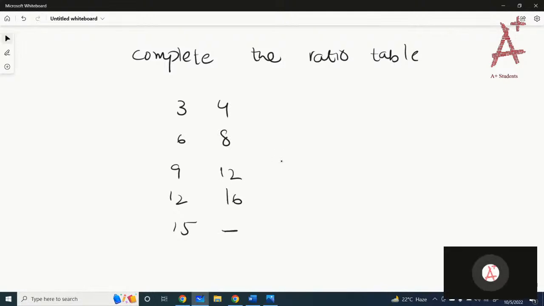Start with 3 ratio 4. Write the ratio as a fraction. It would be 3 by 4. Multiply the numerator and denominator by the same number to find an equivalent ratio. So the number you are going to find is 1, 2, 3, 4, 5. So just multiply them by 5. 5 times 3 is 15, and 5 times 4 is 20. That means here you have 15 and here you have 20.